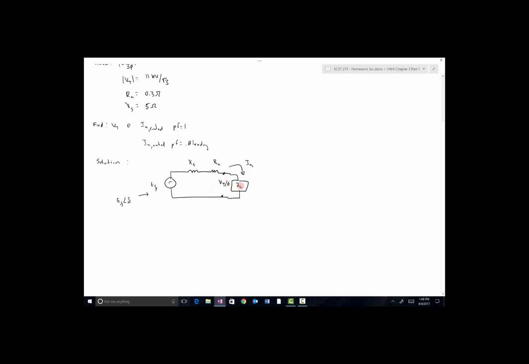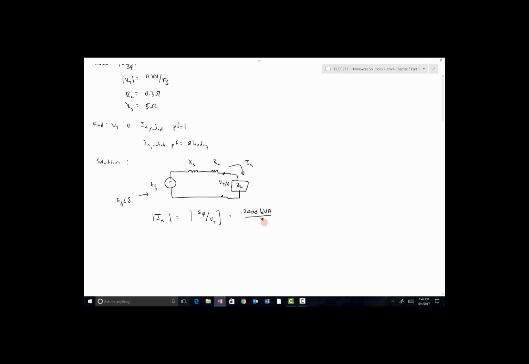So to do that, the first thing we have to figure out is, what does EF need to be to provide rated voltage and rated current to the load? So we can calculate IA. The magnitude of IA is going to be the magnitude of single phase power divided by the terminal voltage. I don't have to use a complex conjugate if I'm just doing magnitudes. So IA is going to be 2000 kVA.